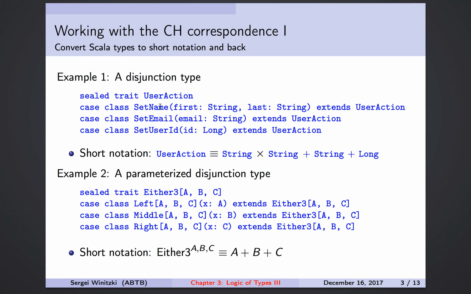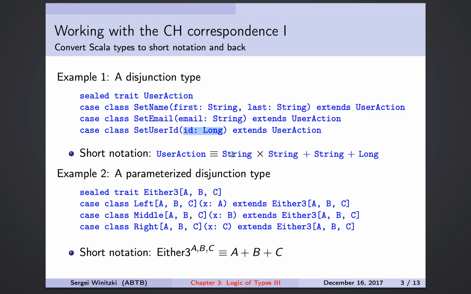The user can set the name, and that variant, that case, has two parts. Then the user can set email, that is one part that is a string, and here it can set user ID with a long integer value.